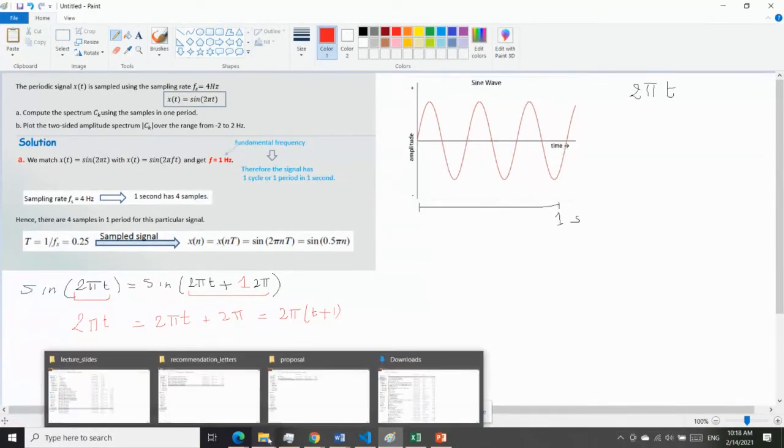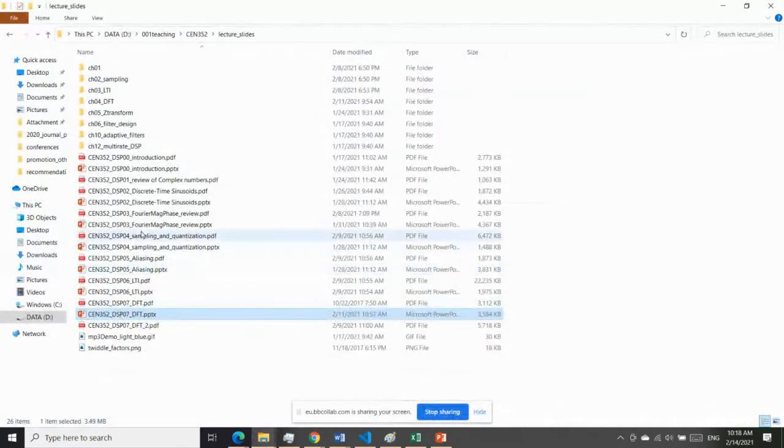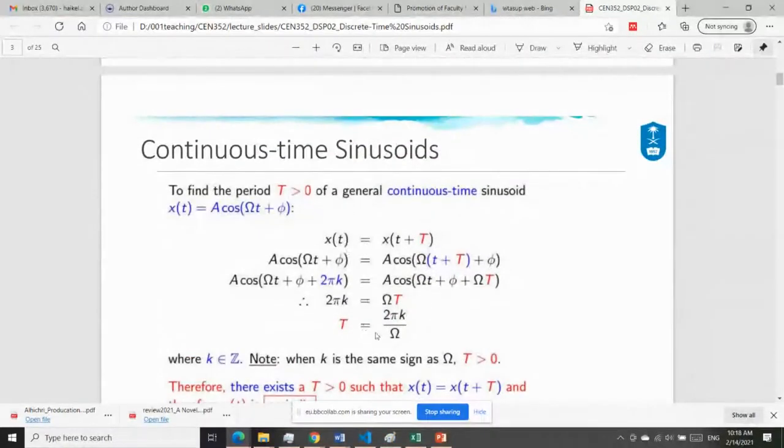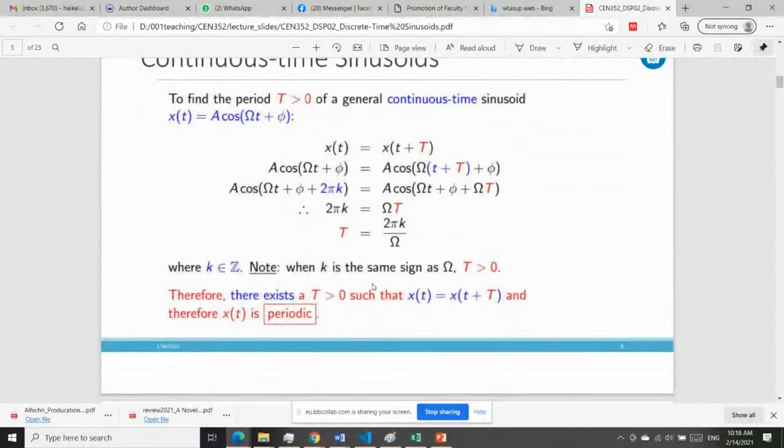We did this here to find the fundamental frequency. So x(t) is equal to x(t plus T), where T is the period.